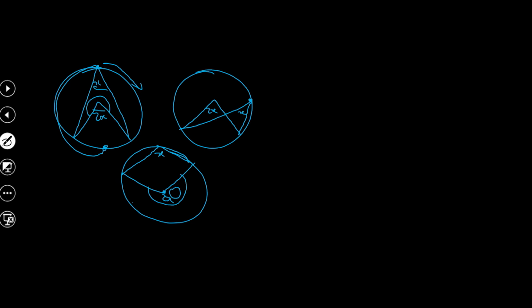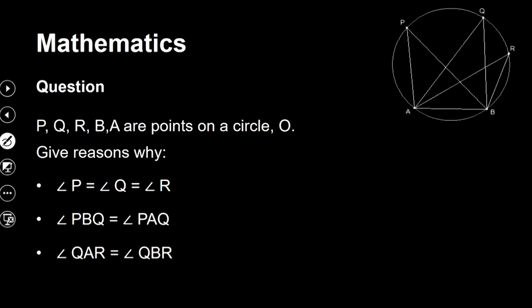Why I'm bringing this up is because the questions we're going to be solving, not all of them show this theorem as this first one that I have here. At times it looks like that, or at times it looks like the C there. Now, the question is, P, Q, R, B, and A are points on the circle, with center O, right?